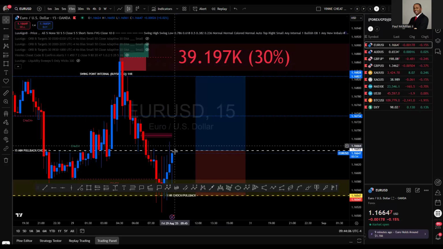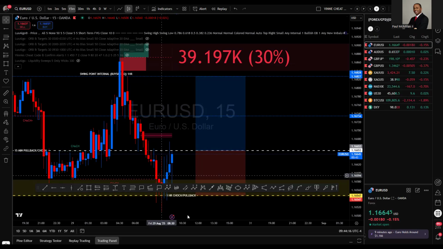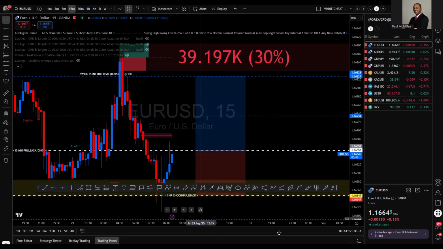Got a minute here. This might be some volume accumulating. So we'll see if we get some strength to close above these chops. Now, one of the things I'm kind of thinking too is maybe giving more room, and the price validates this fair value gap. Well, but we'll see.